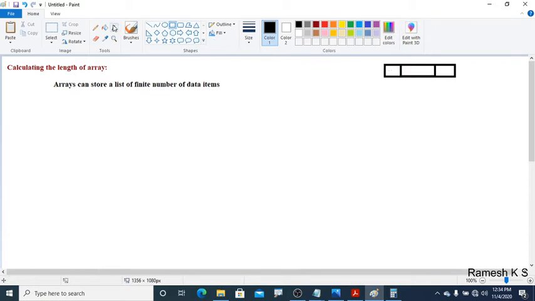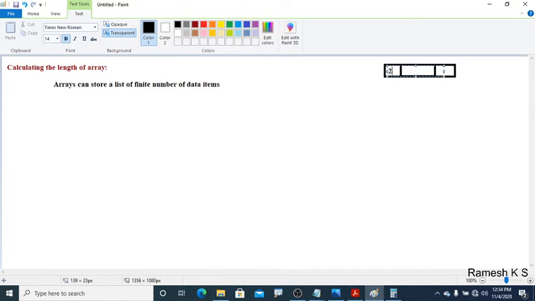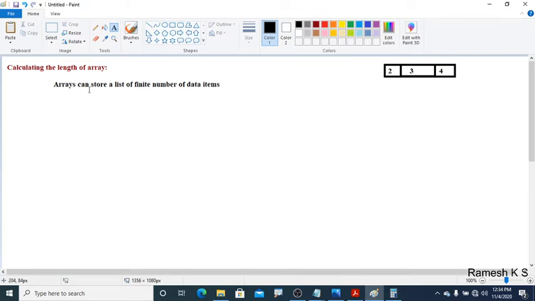This array contains the values like this: 2, 3, 4. These are the elements we are considering in this array. So an array can store a list of a finite number of data items, correct?